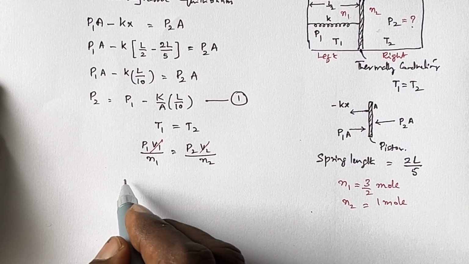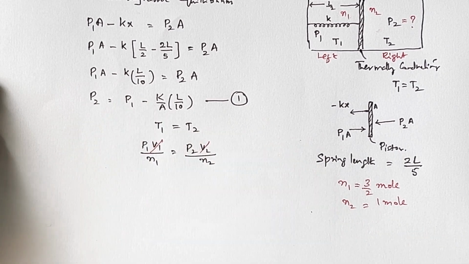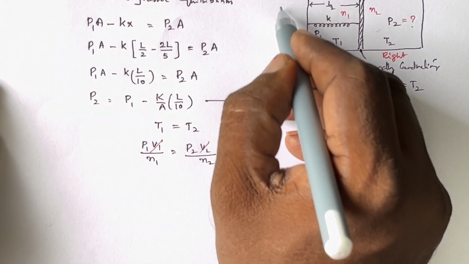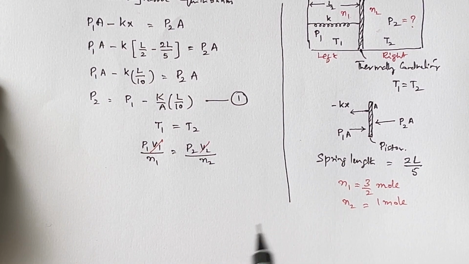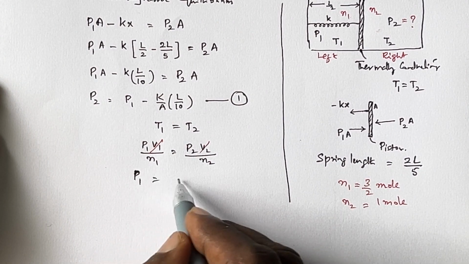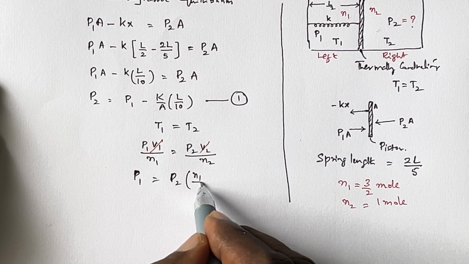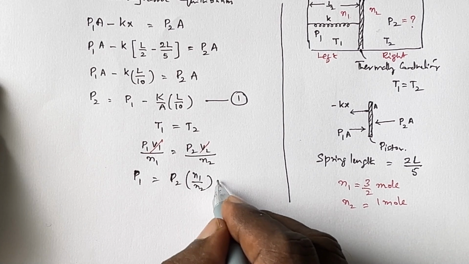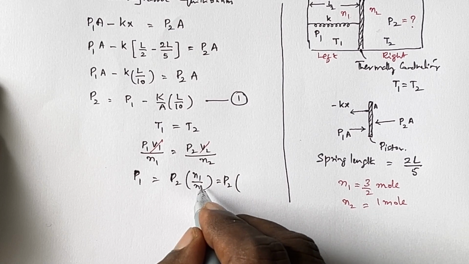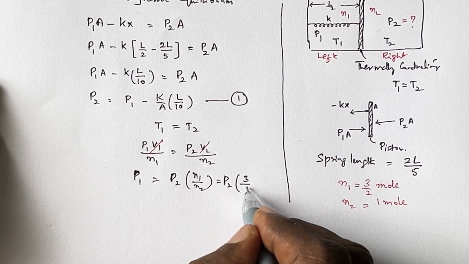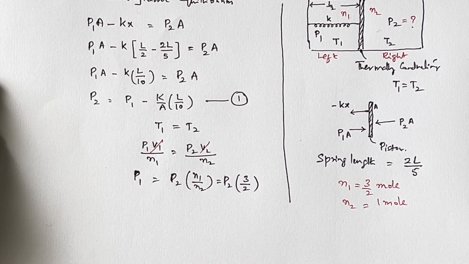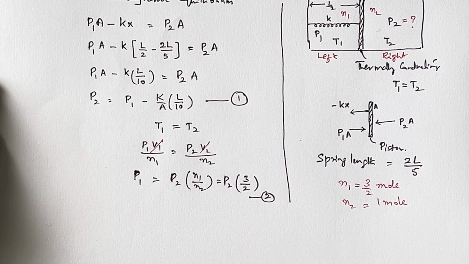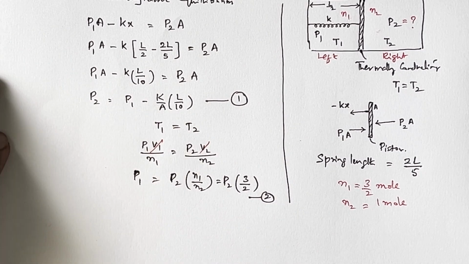Now I need P1, so I will write P1 is equal to P2 into N1/N2. Here N1 is 3/2 and N2 is equal to 1, so P1 is P2 times 3/2. I will substitute this value of P1 in equation 1.